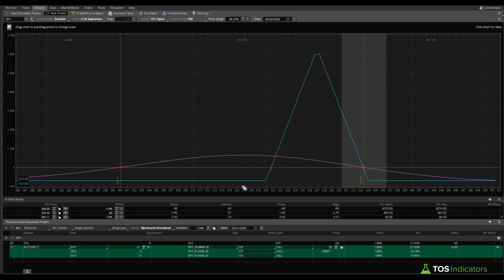So that's the debit paid, and your max potential gain with a pin right near that 327 zone is 625-ish or so. Now, obviously, you wouldn't get that full profit potential that we're looking at, but even if you're able to capture a good percentage of this, that's a way that you can participate in this downward move in a way where you've structured your risk.